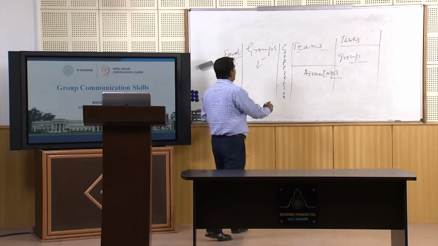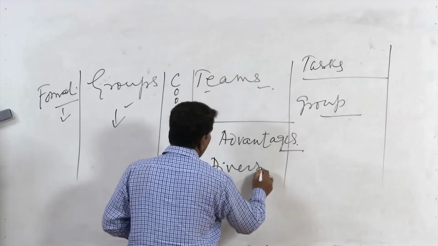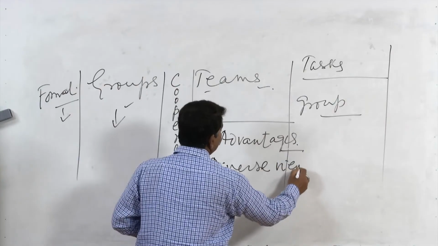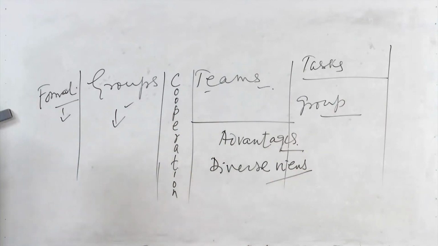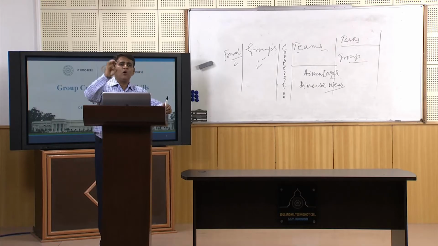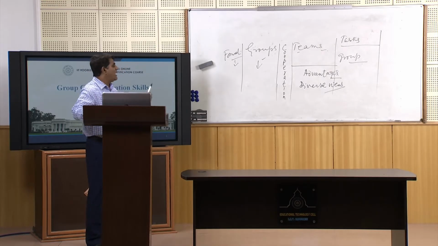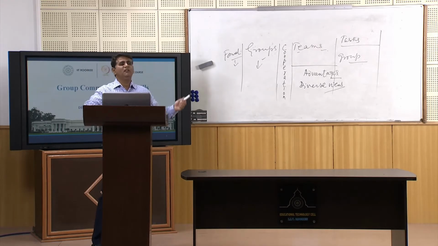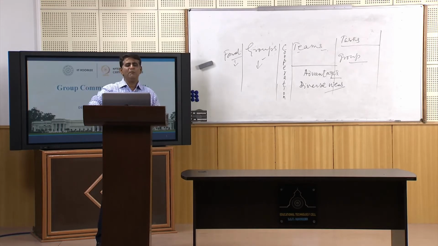Moreover, the members of the group have diverse views. Sometimes it so happens that there are some people who already have experience of working on a similar product, and that becomes more advantageous.